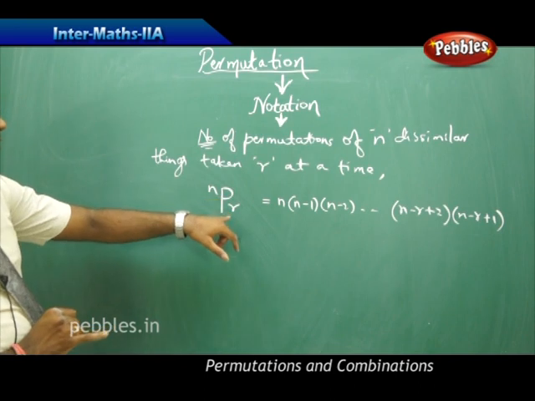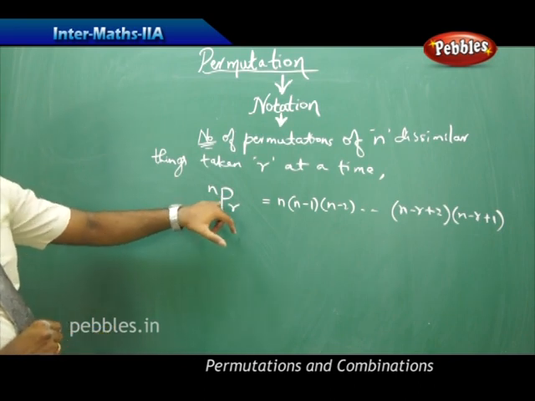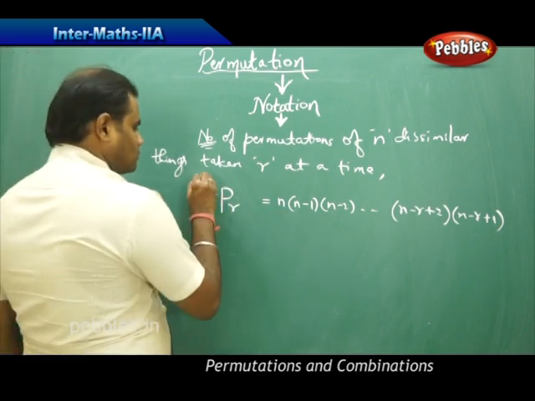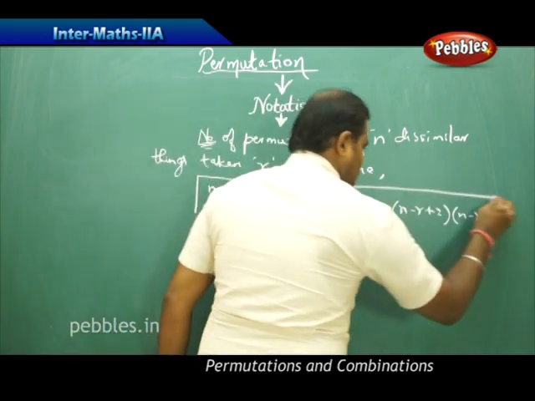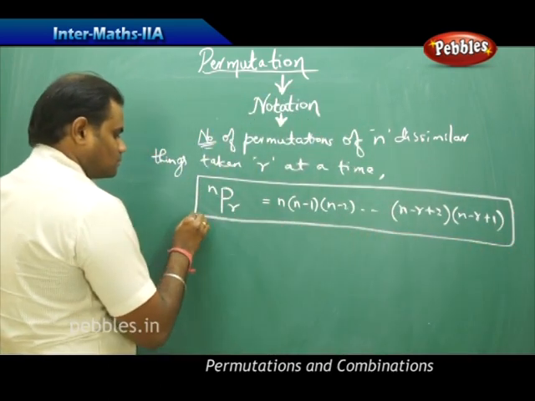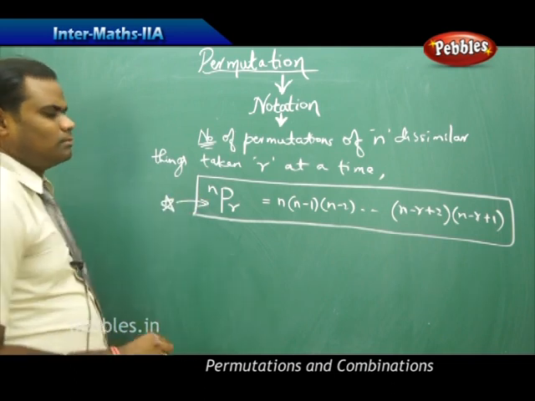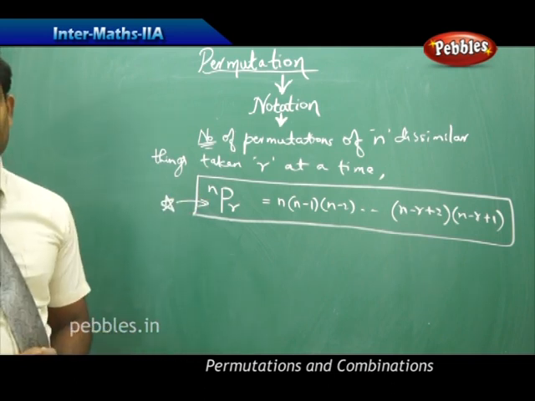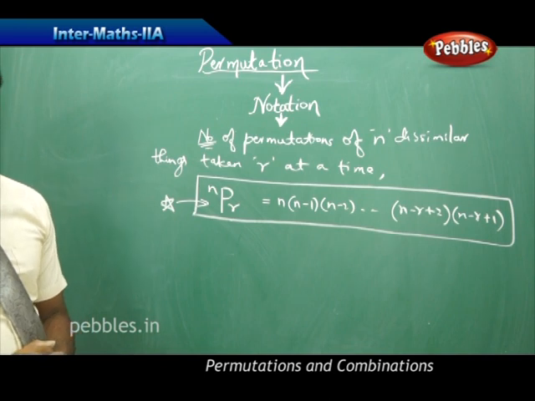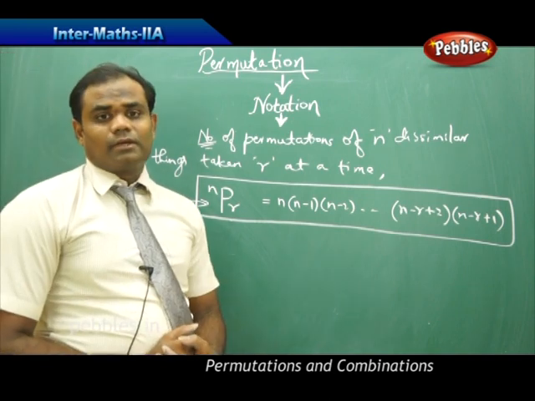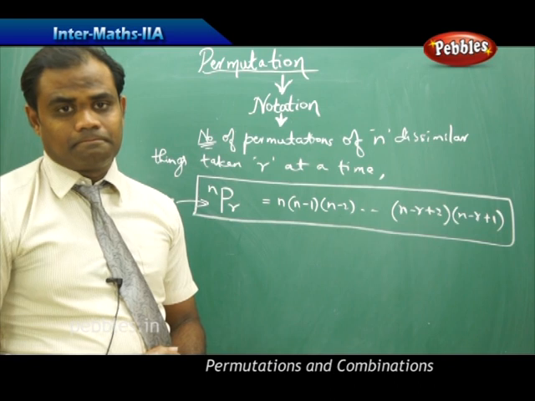So n permutation r, read as nPr, is given by this formula. It is very important in taking n dissimilar things.